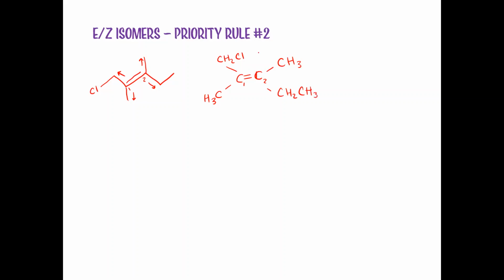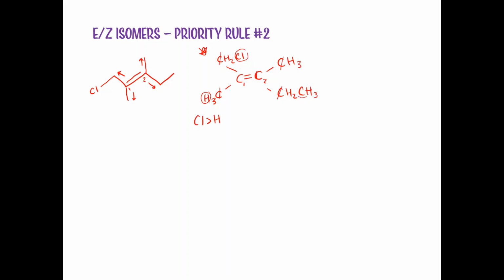And like we said in the last one, we already know that the carbons are the same, so we're going to cross those out. Our next one is we're going to compare hydrogen to chlorine. Chlorine is greater than hydrogen, so that's higher priority. In this one, our carbons are the same.